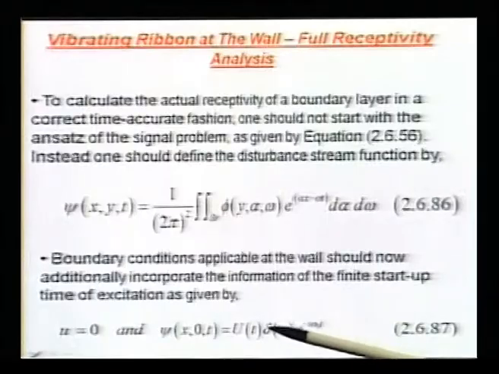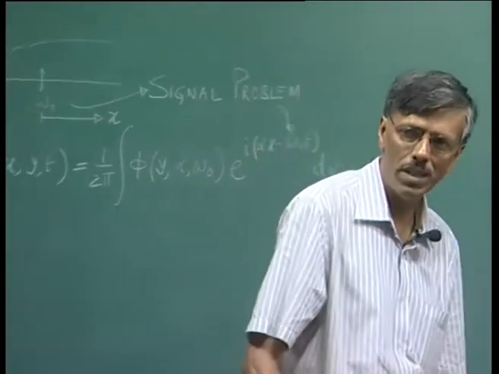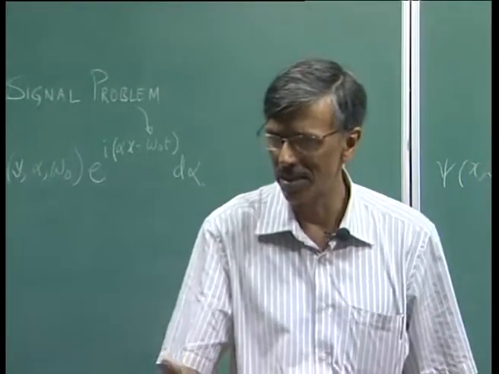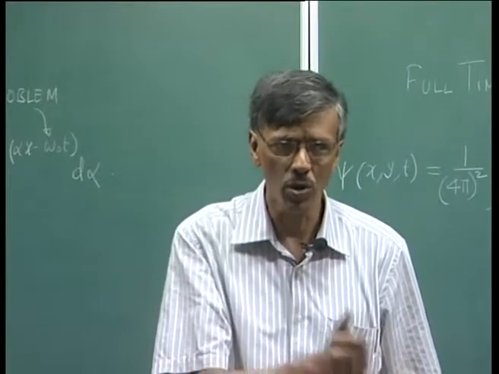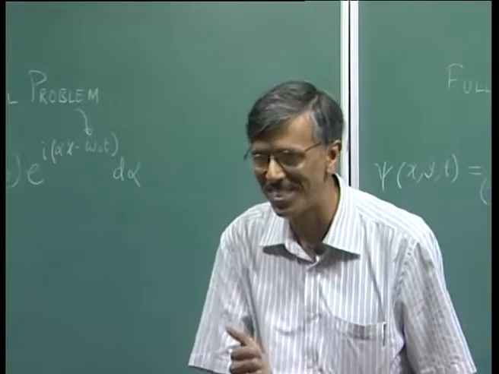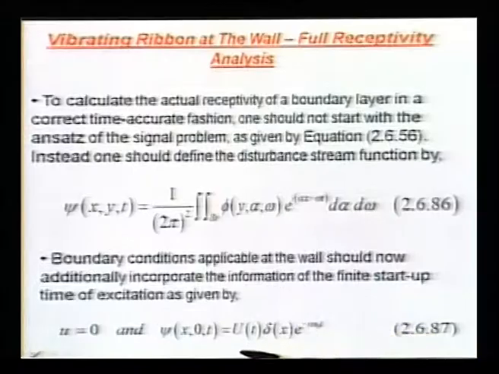However, look at this function. What is u of t? u of t is a Heaviside function. It means that the excitation starts at t equal to 0. So, we are also fixing the origin in time, given by this u of t, the Heaviside function.